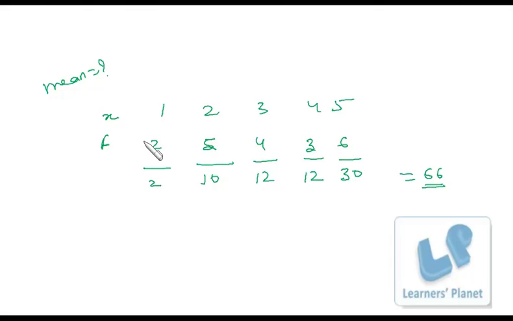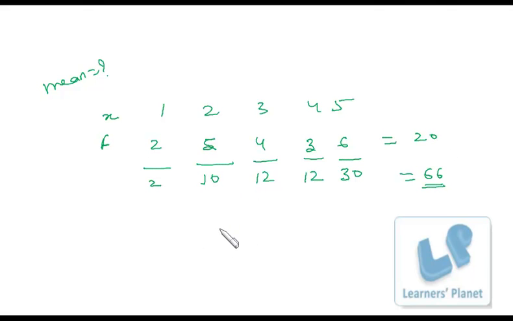And how many data are there? The frequency of 1 is 2, that means 1 is coming 2 times. So how many ones are there? 2 ones, 5 twos, 4 threes, 3 fours and 6 fives. So how many data are there? 5 plus 2 is 7, plus 4 is 11, and 3 is 14, plus 6 is 20.